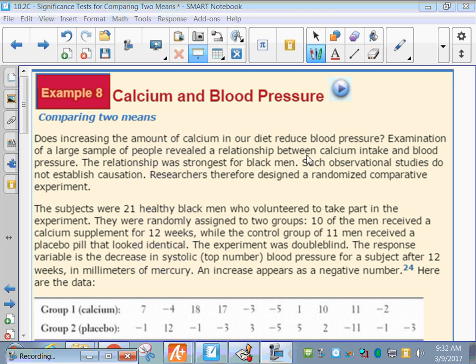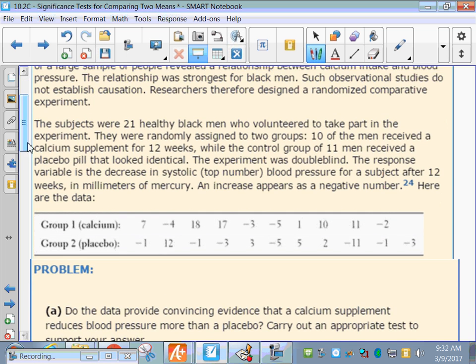Does increasing the amount of calcium in our diet reduce blood pressure? Examination of a large sample of people revealed a relationship between calcium intake and blood pressure. The relationship was strongest for black men. Such observational studies do not establish causation. Researchers therefore designed a randomized comparative experiment.